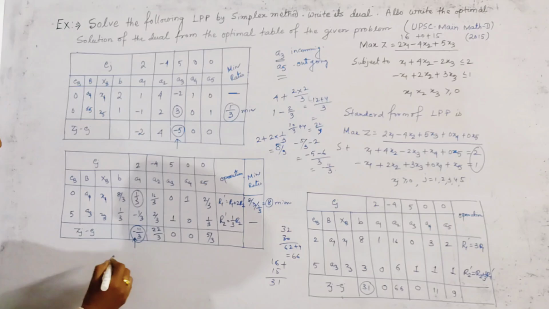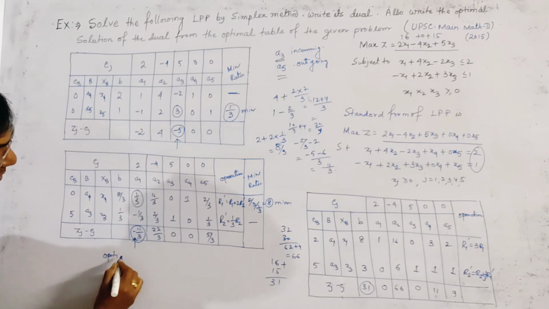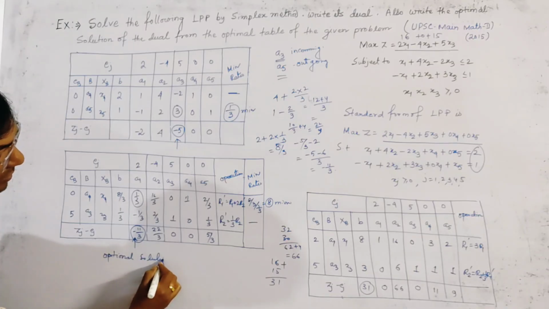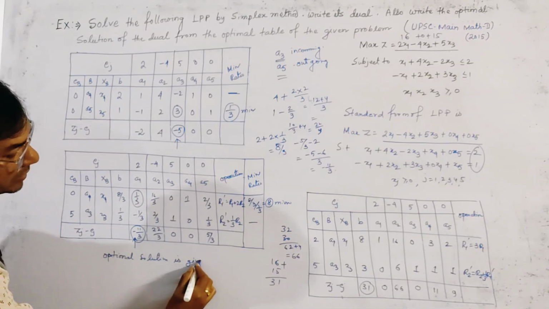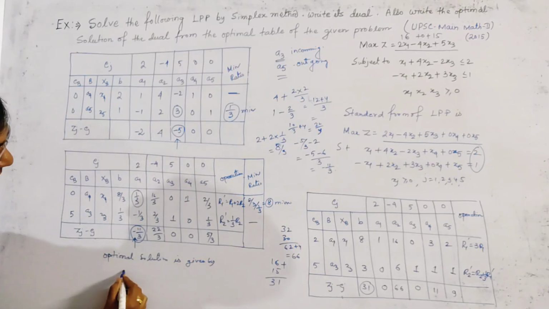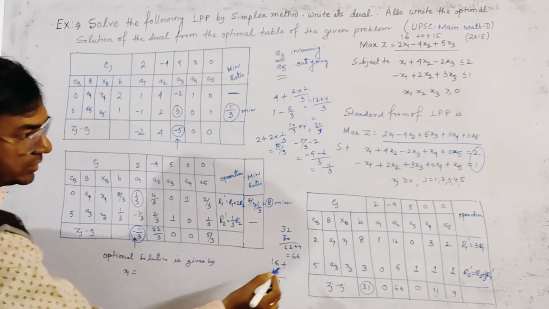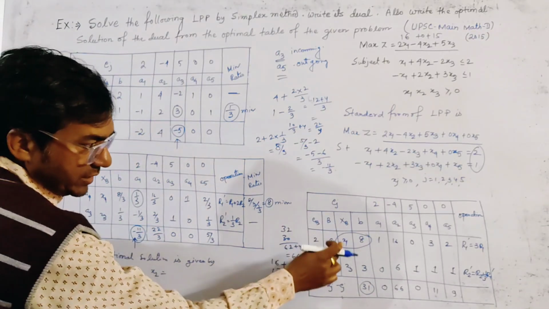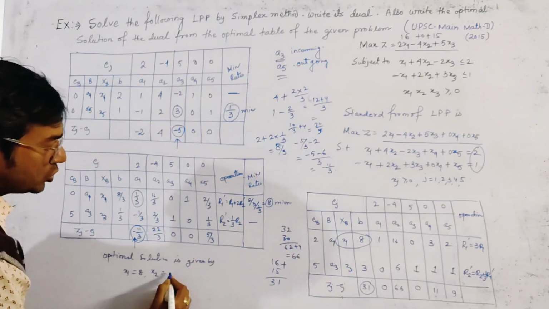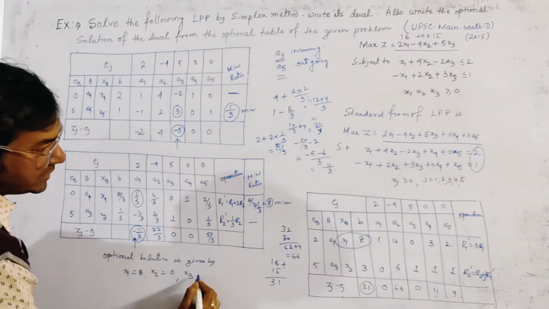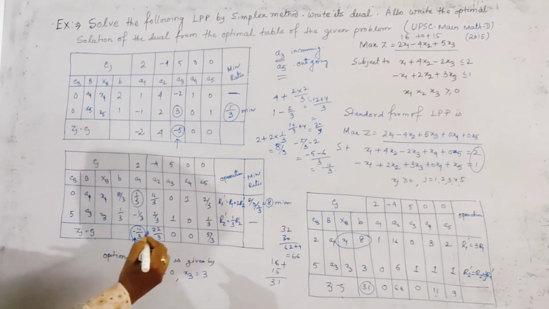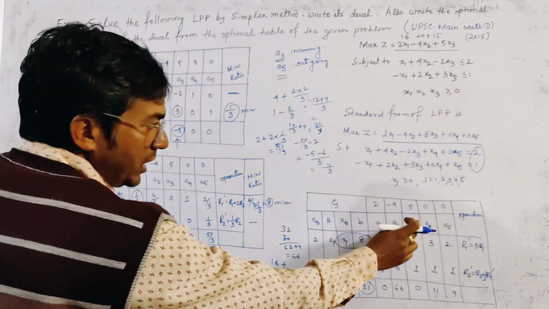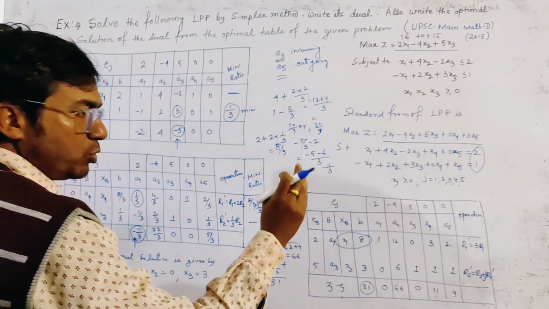So we write here the optimal solution is given by x1 equal to 8, x2 equal to 0 since x2 is not present, and x3 equal to 3, because x1, x2, x3 are the only 3 original variables and we need not write the slack variables x4 and x5.